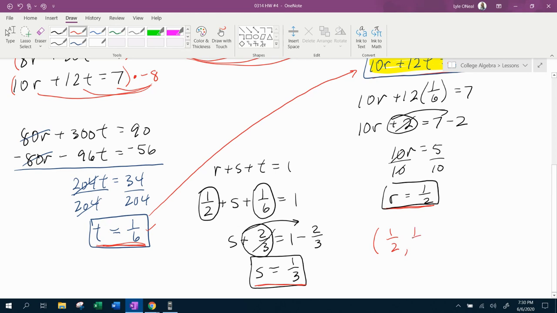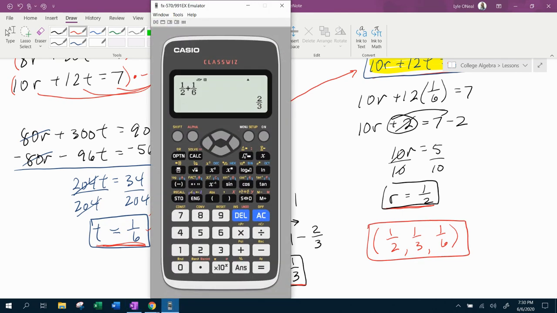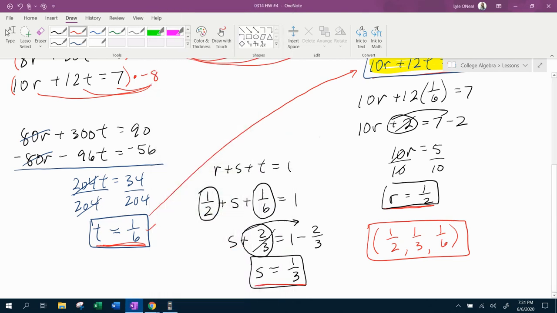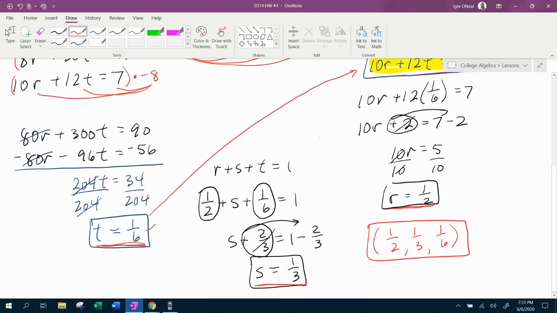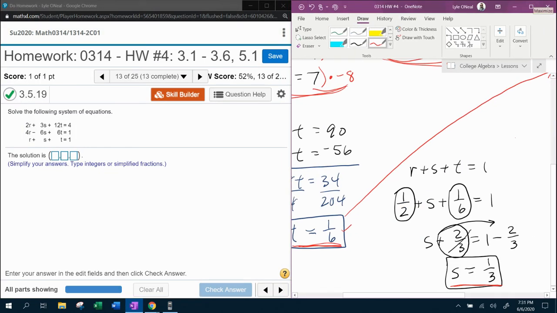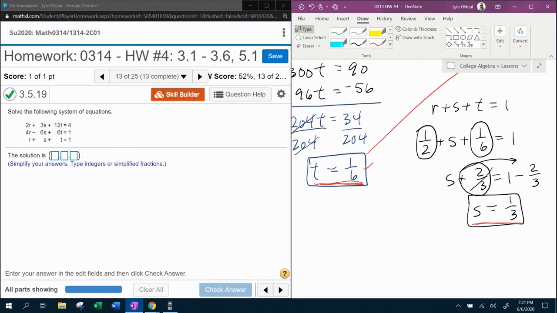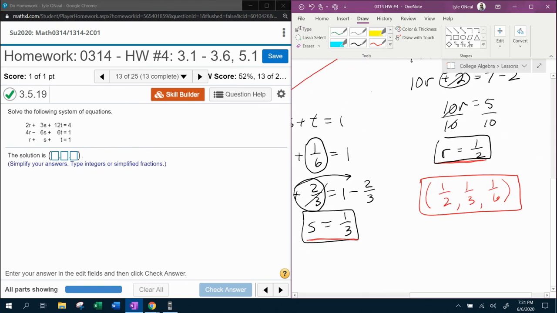R, S, and T. And before I plug that into MyLab Math and check it, let me again show you that the calculator does a fantastic job of doing this for us. Okay, so let's minimize. Whoops, I minimized. Let's minimize this back over to here. There we go. And there are my solutions.